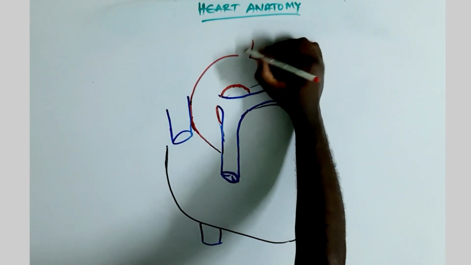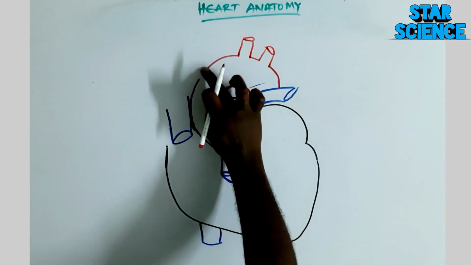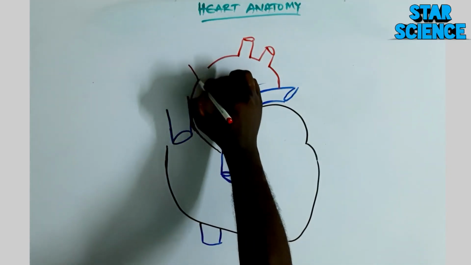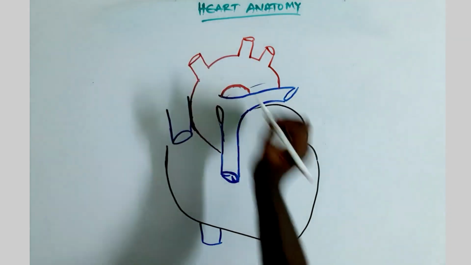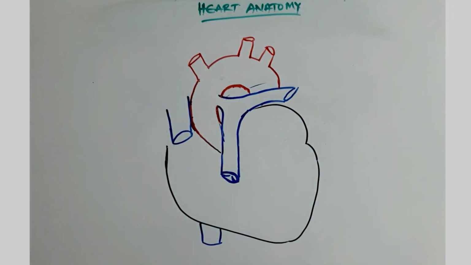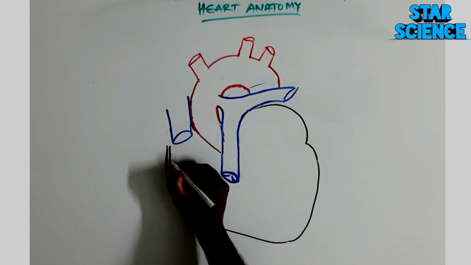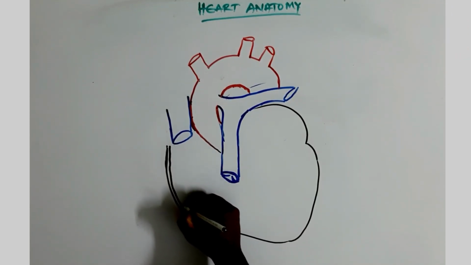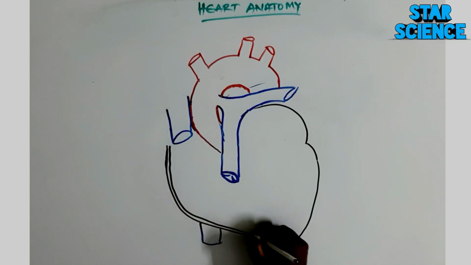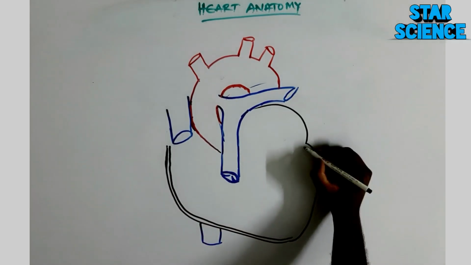And if you see posteriorly to the heart: esophagus, trachea. And if you see laterally: lungs on either side. And if you see superiorly: great blood vessels like aorta, vena cava, pulmonary arteries, and veins.